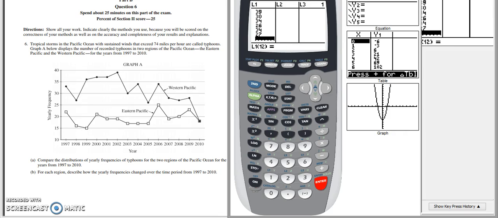Maybe only 26, but it'll be alright. The last one is about 17. So that would be Western Pacific.